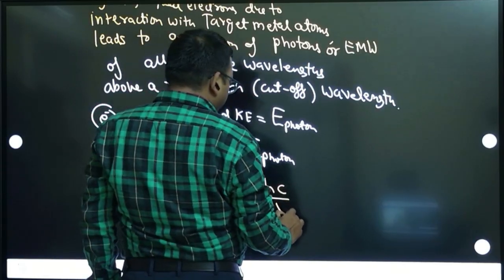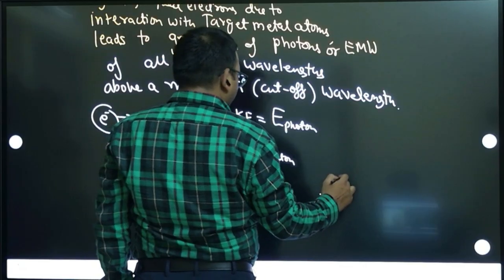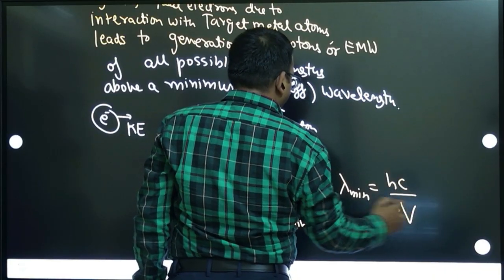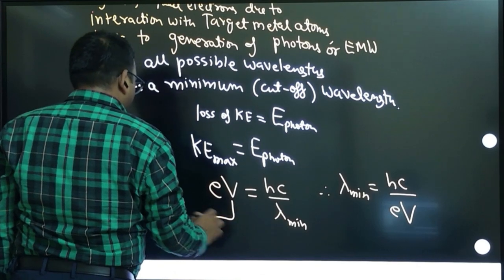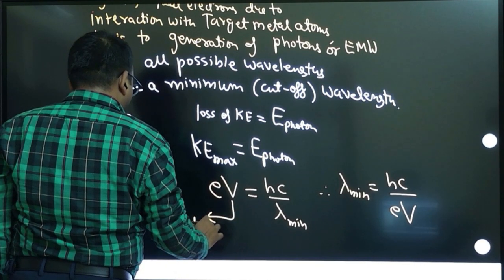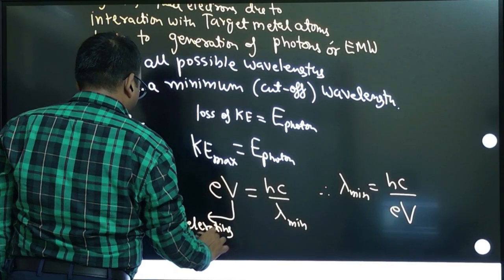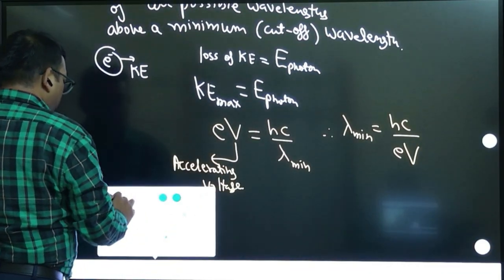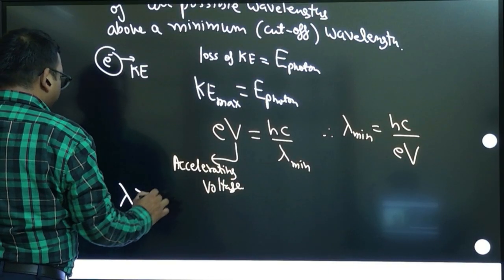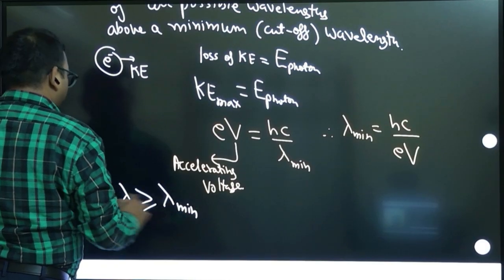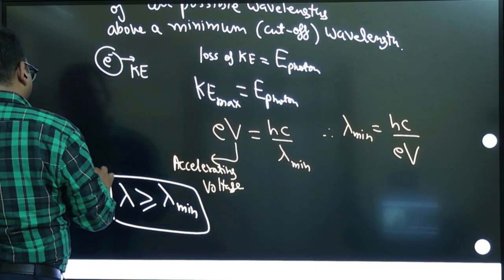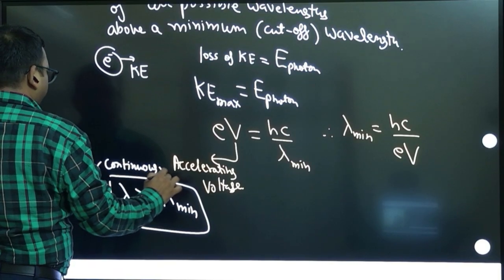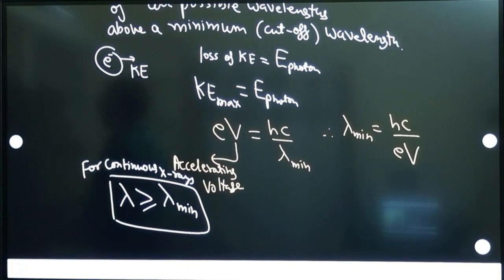So the minimum wavelength we can calculate as hc by eV. The wavelength produced as continuous x-rays, lambda, must be greater than or equal to lambda minimum. That is the concept of continuous x-rays.